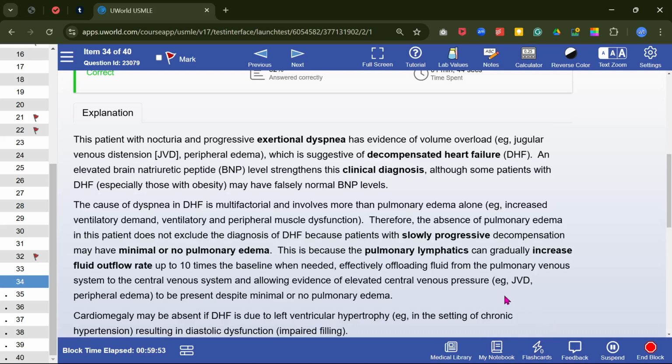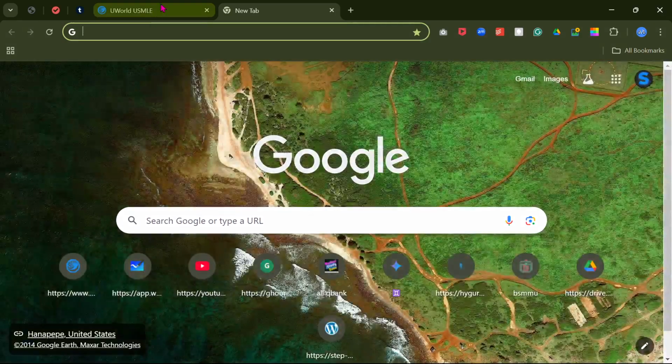Central venous pressure is JVD plus something else, I forgot the thing, and it is more than 8 centimeters of water. We have done a question where we found the central venous pressure.